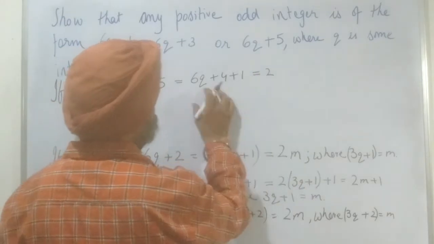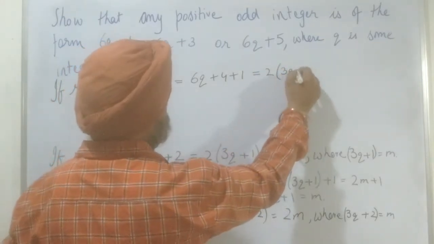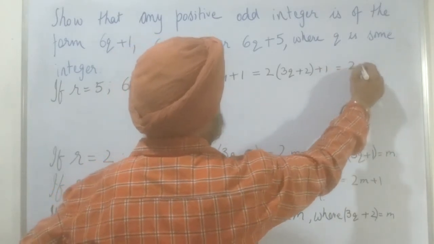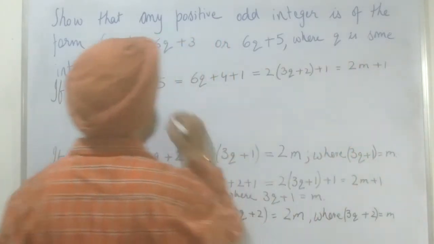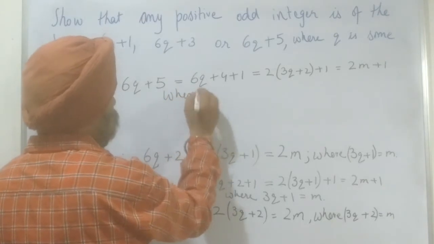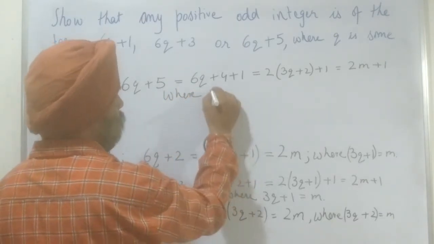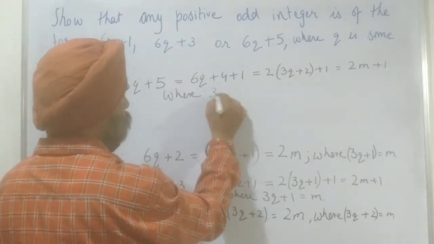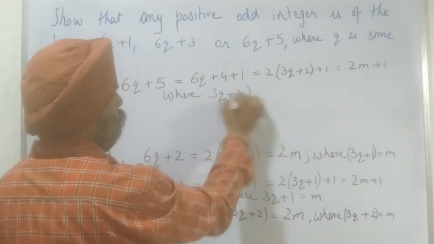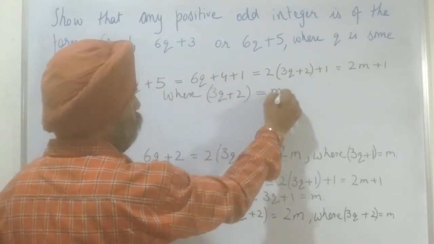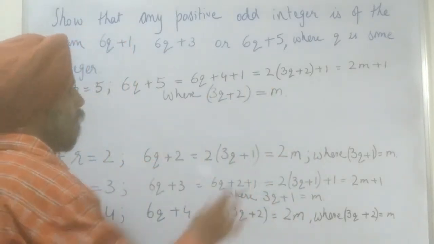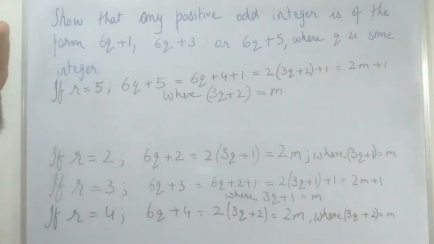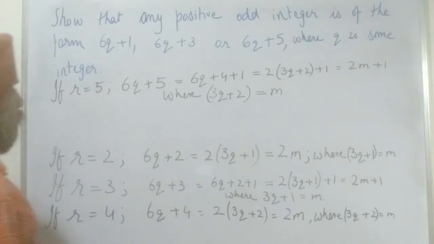And let's take the common here. 3q plus 2 plus 1 is equal to 2m plus 1, where 3q plus 2 is equal to m. So we have taken this as m, so it is 2m plus 1, right? Okay. Now we are clear with all the conditions, right?